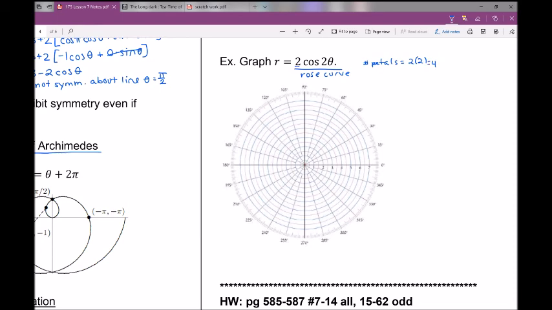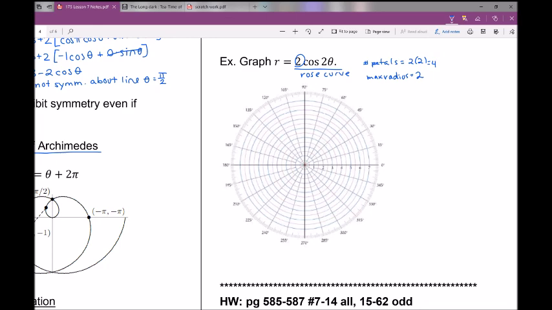Now the 2 next to the cosine is going to be the radius of the petal, so the max radius is going to be 2. So each of these petals from the center to the edge of the petal will have a distance of 2. So that's a good place to get started.